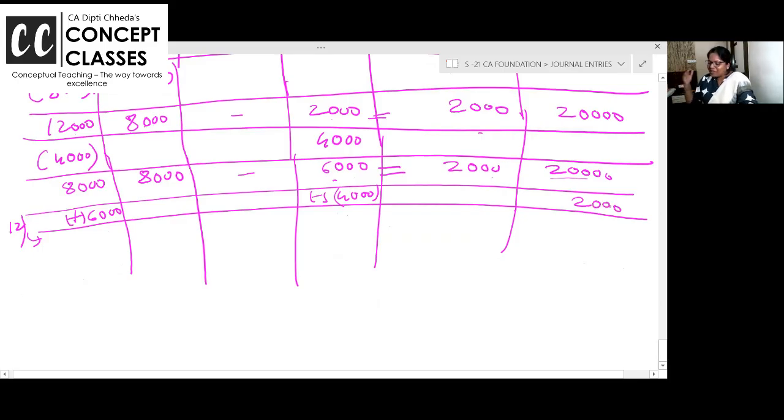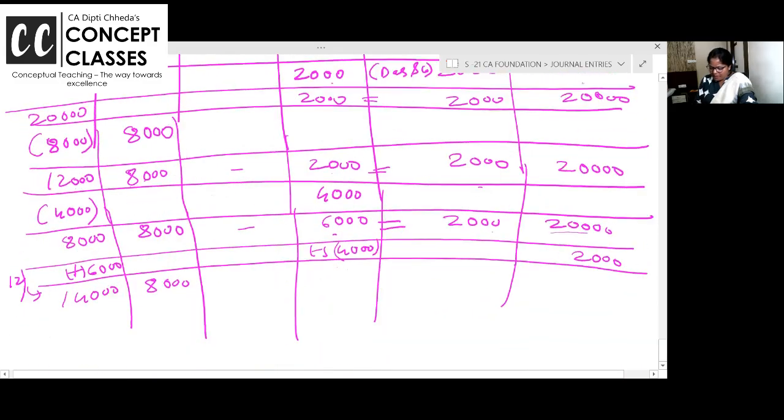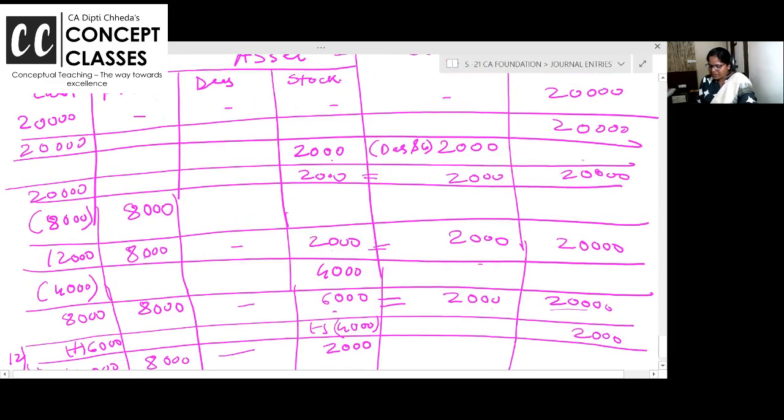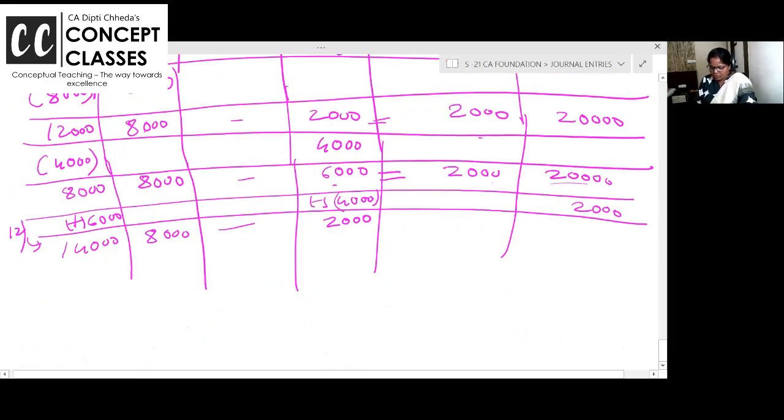Capital will increase because you have made a profit. You have sold a 4,000 item for 6,000. So what is this? 14,000 now. What is your 8,000? Plant. Your stock will come down to 2,000.